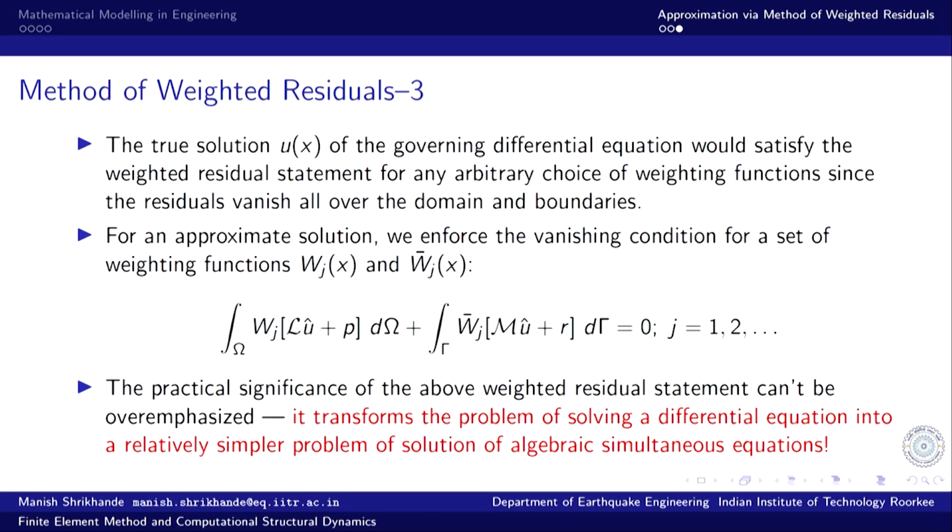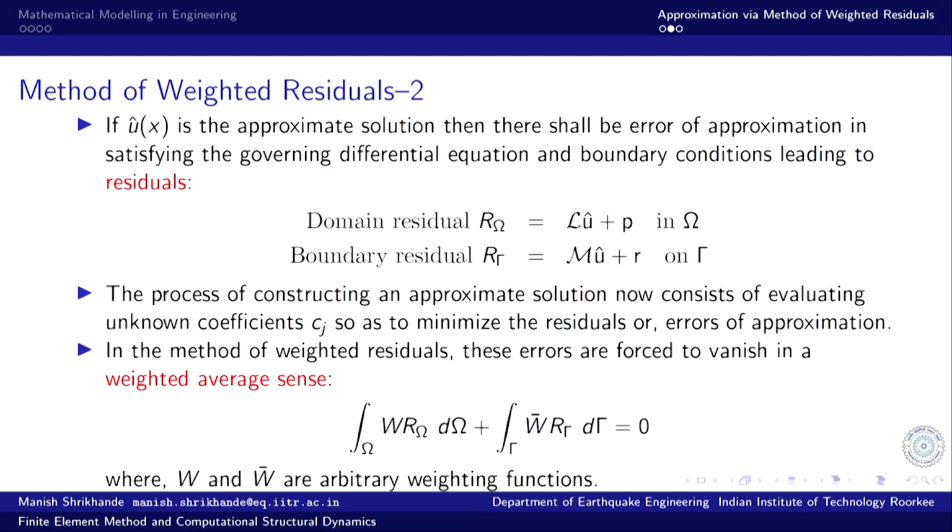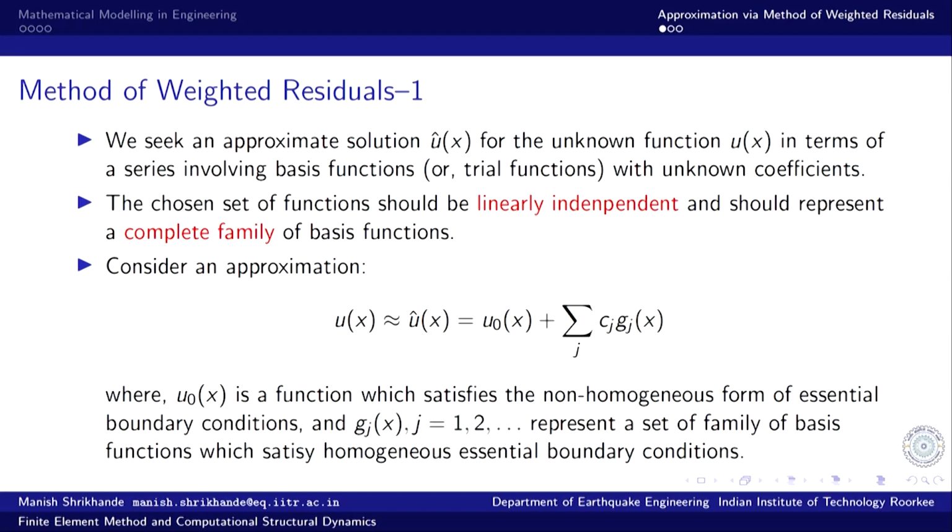The differential operators are all taken care of, we only have some normal function or constant that has to be evaluated, and at the end of this operation we will only have simple algebraic equations in terms of the unknown coefficients of the solution, the C1, C2, Cj's that we have in this series approximation.